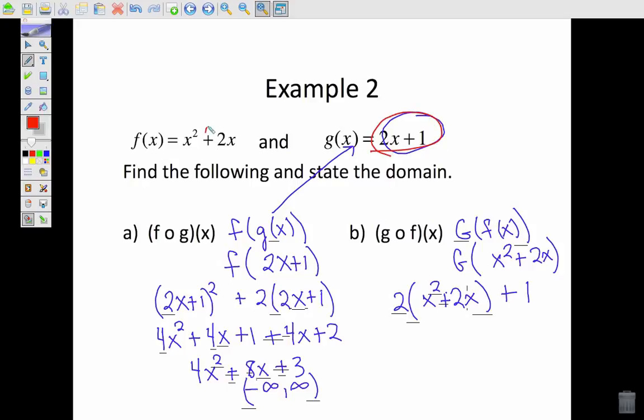So this is the function I'm substituting in right here. I'm putting the f function in for the function g. And as an output, I've got 2x squared plus 4x plus 1. They're both polynomials. In fact, all of these are polynomials, which indicates that my domain is, again, all reals, so from negative infinity to positive infinity.